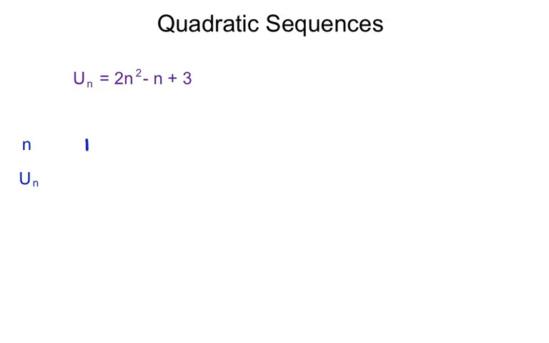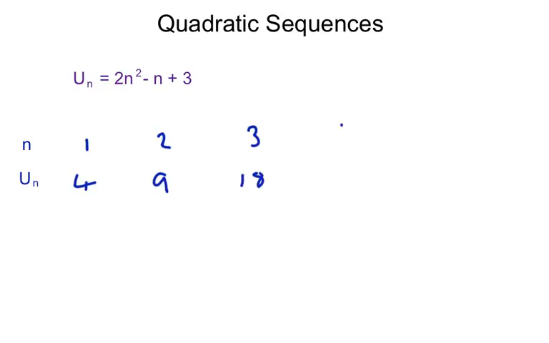When n is 1, we get 2 times 1 squared minus 1 plus 3 gives us 4. When n is 2, we get 2 times 2 squared minus 2 plus 3 is 9. When n is 3, we get 2 times 3 squared minus 3 plus 3 is 18.